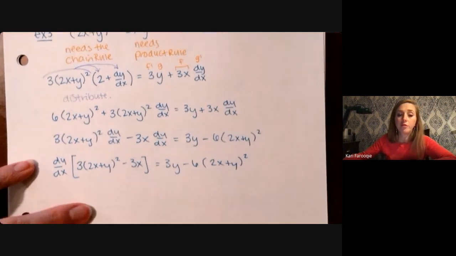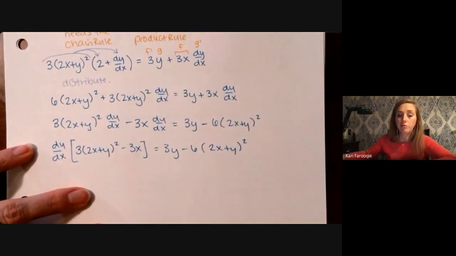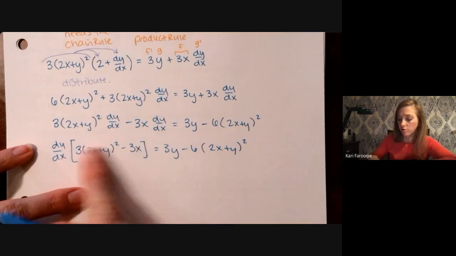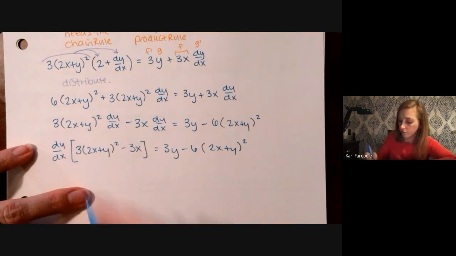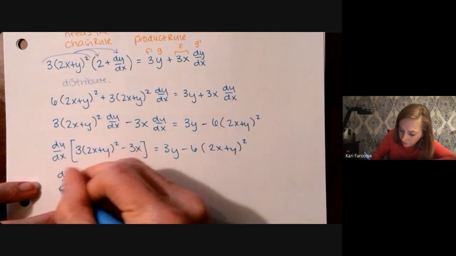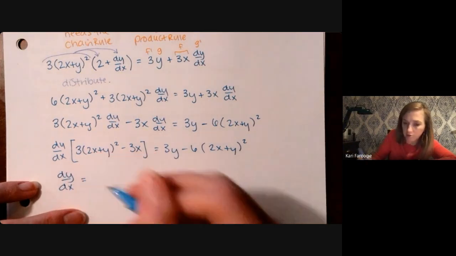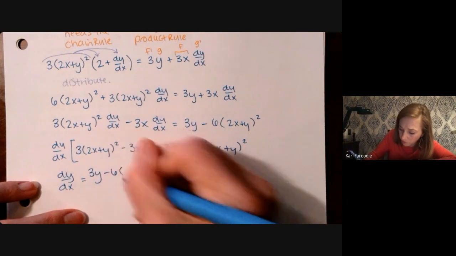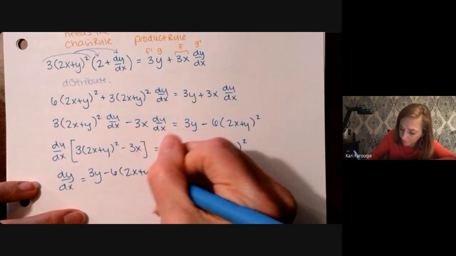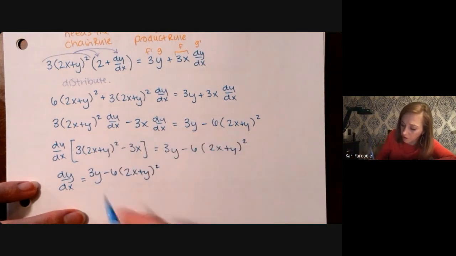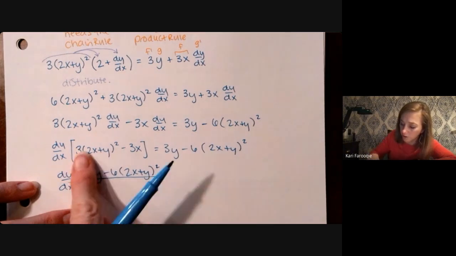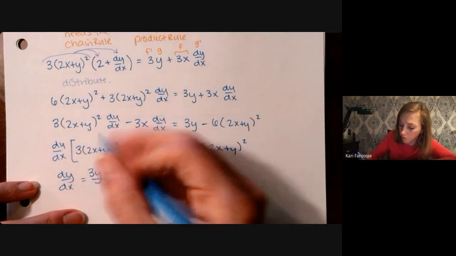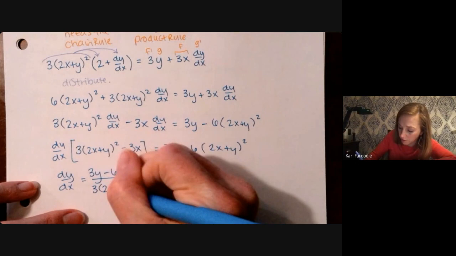And then to solve for dy dx, we are going to divide both sides of the equation by this factor of dy dx. I tend to find that once students get to this point, they don't have any trouble. So I'm not too worried about you here. Okay, so there's the right-hand side divided by this factor of dy dx from the left-hand side.